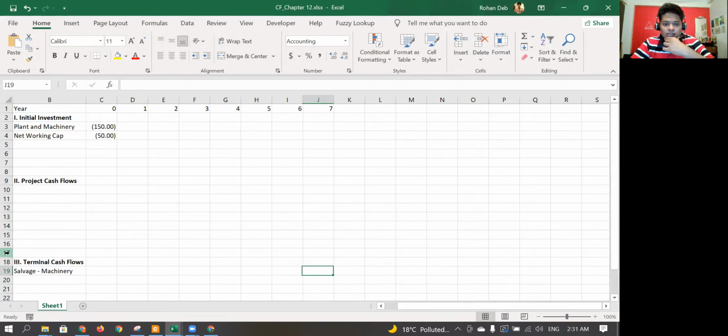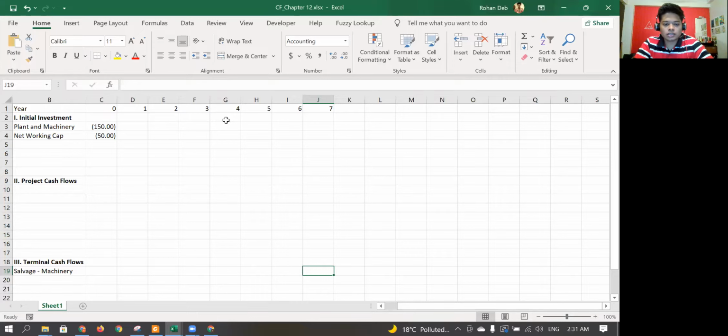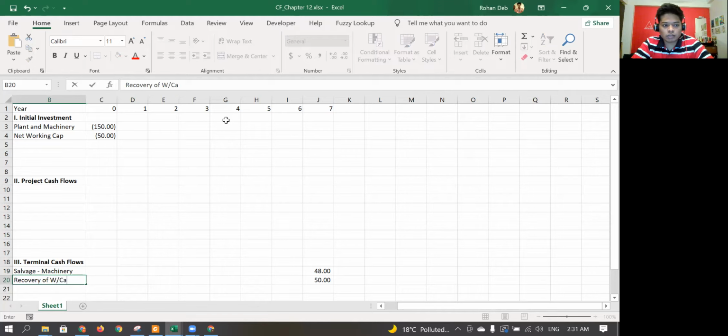Salvage value at the 7 years, I'll just write here in the 7th column, is 48 million. Whereas net working capital will be liquidated at book value. Again, liquidated at book value means at the same rate as whatever it was. So this is 48 million and this is 50. Whatever is the book value, I'll liquidate it as recovery of working capital.